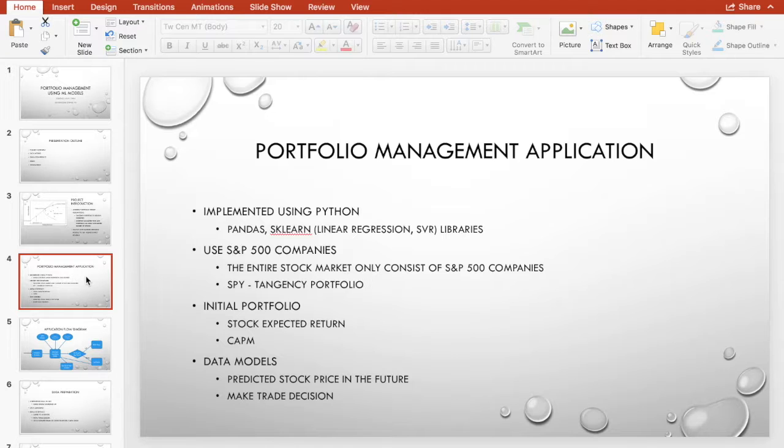That means, from my application's perspective, the entire stock market consists only of the S&P 500 companies. Since everything I buy and sell is from the S&P 500 list, it's fair to say that SPY, the index fund for the S&P 500, is my tangency portfolio.